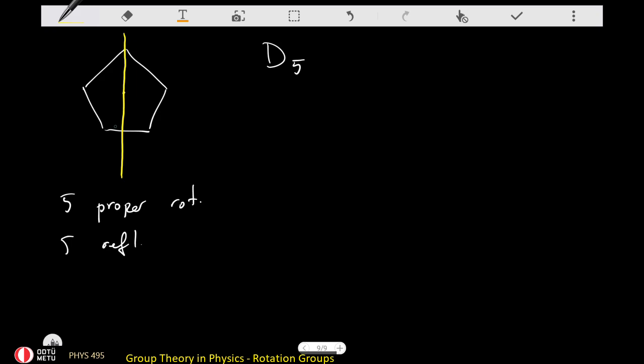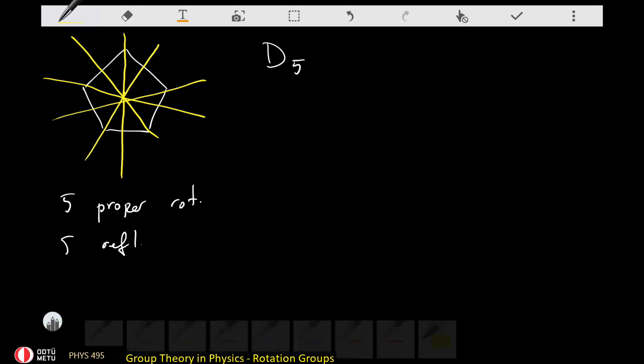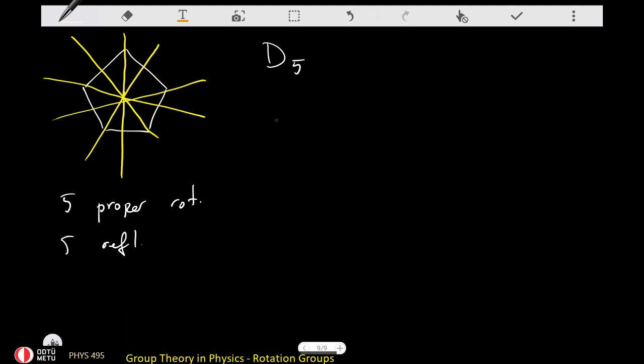So that's similar to the triangle. In each case we have a similar situation. Again, there are 5 mirror planes. You can count that. So therefore, D5 is a group of order 10, and we have this structure.